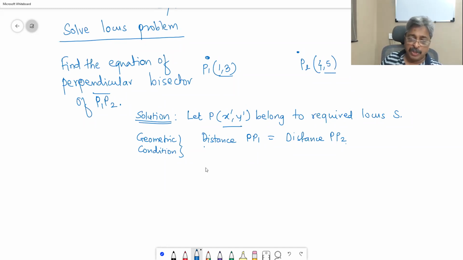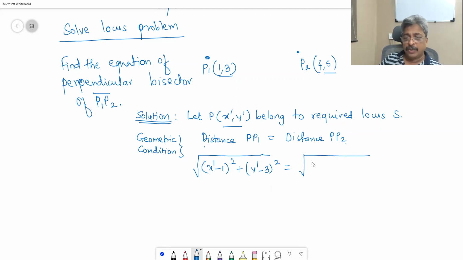So distance PP1 is root of (x dash minus 1) square plus (y dash minus 3) square, is equal to root of (x dash minus 4) square plus (y dash minus 5) square.